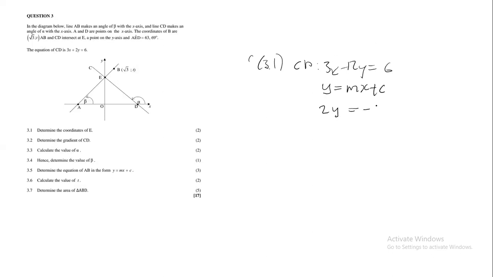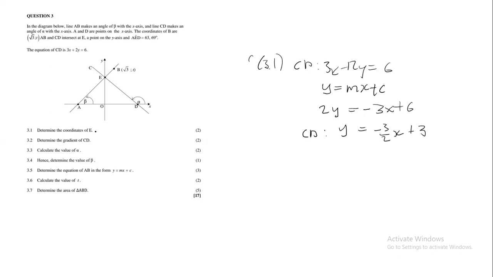Then I divide both sides by 2. So y = -3/2 x + 3, because 6 divided by 2 is positive 3. This is the equation of CD in standard form.